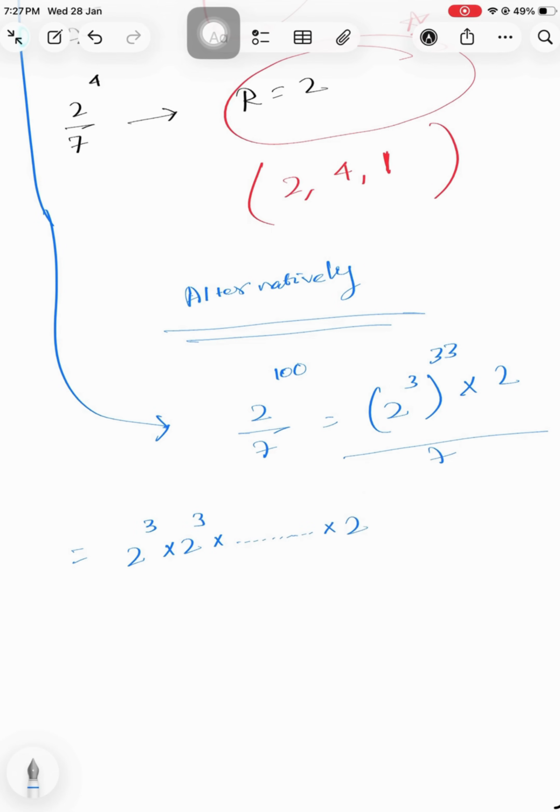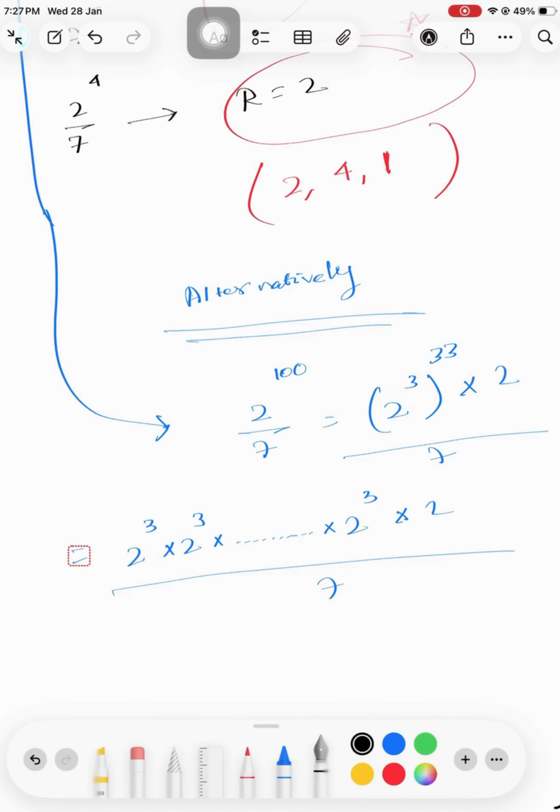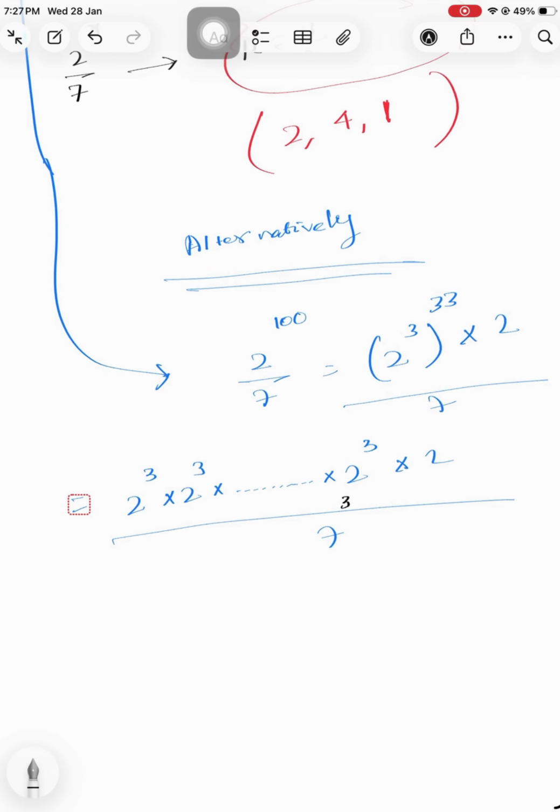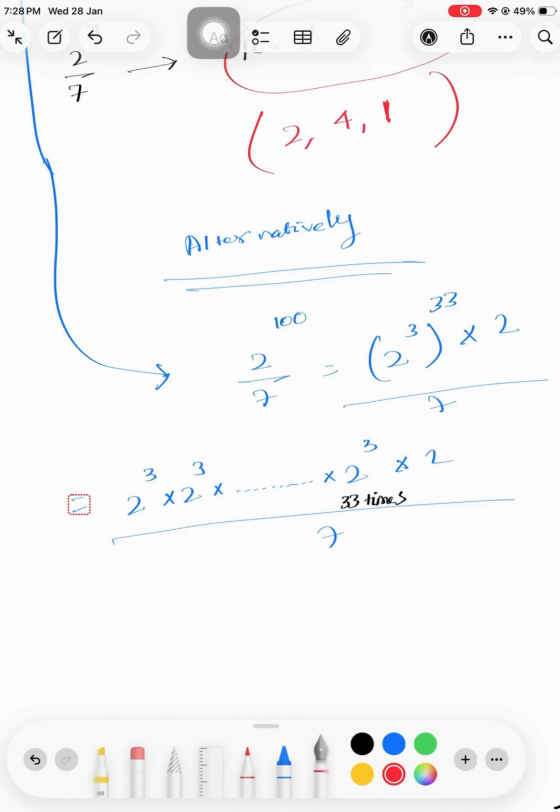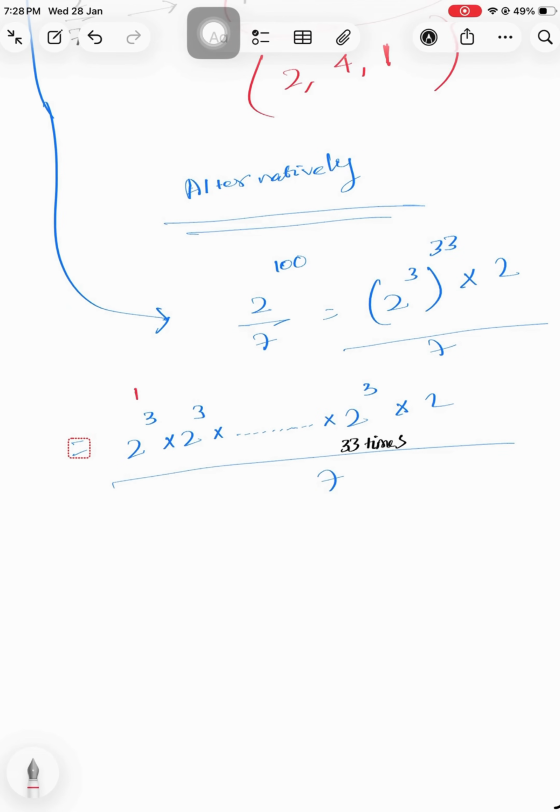So this numerator can also be expressed as 2 cube within a bracket raised to the power 33, into 2, upon 7. The reason I chose 2 cube inside this bracket, which is also 8, is that this 8 is very close to the value 7. So we have to express our numerator in such a way that the resultant value is very close to a multiple of the divisor.